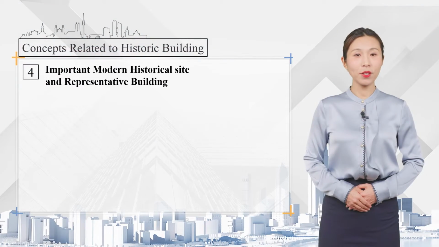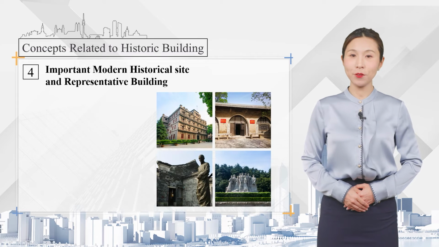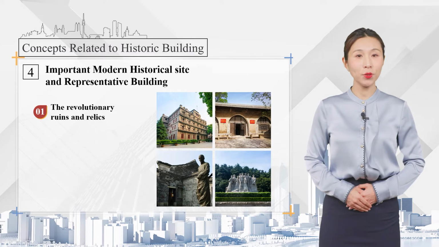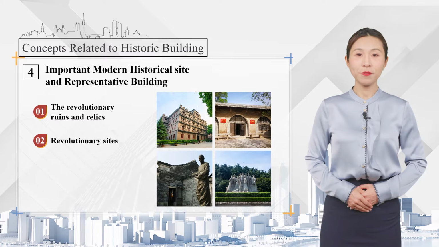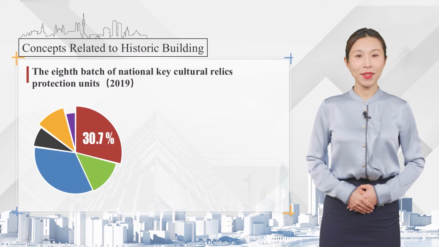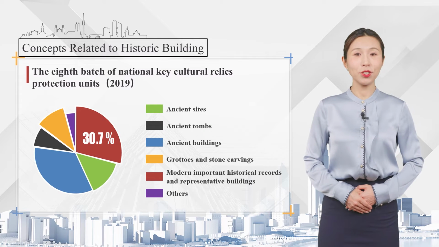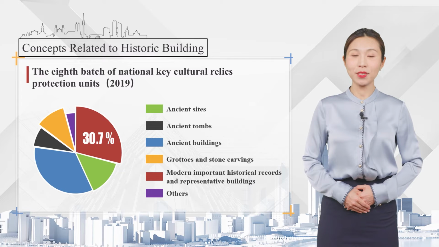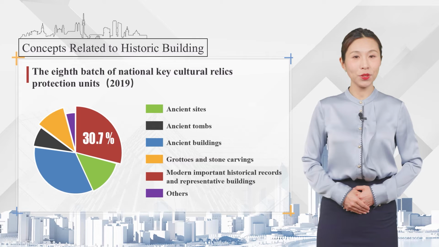Important modern historical sites and representative buildings mainly refer to the revolutionary ruins and relics, revolutionary sites, famous people's homes, memorial buildings, and so on. According to the 8th batch of National Key Cultural Relics Protection Units issued by the state in 2019, there are 234 such units, accounting for 30.7% of the total.